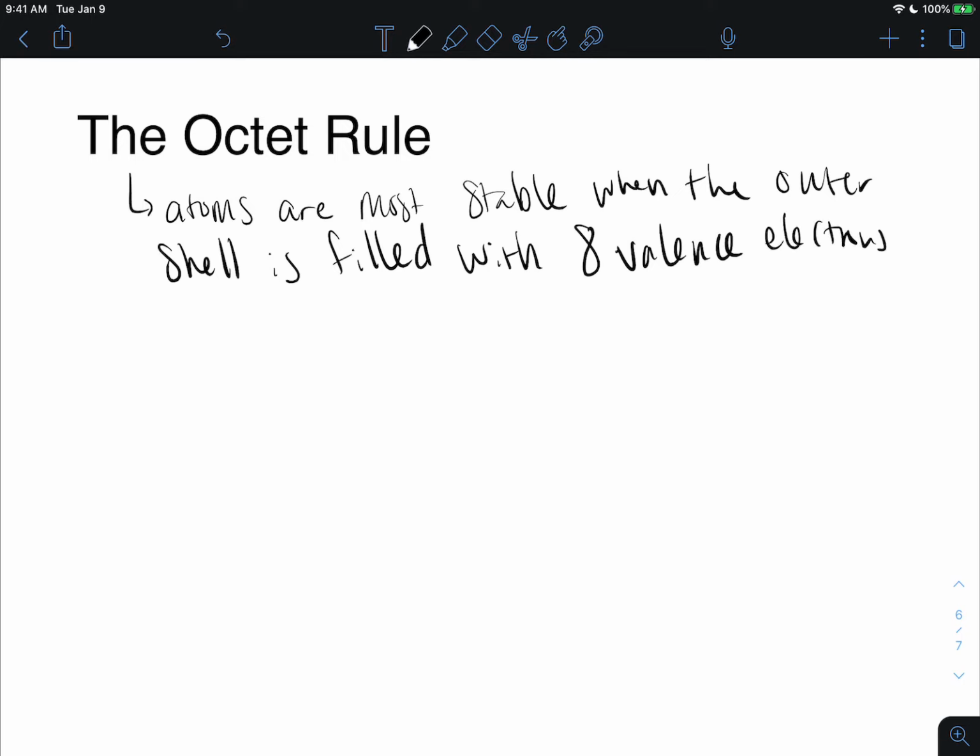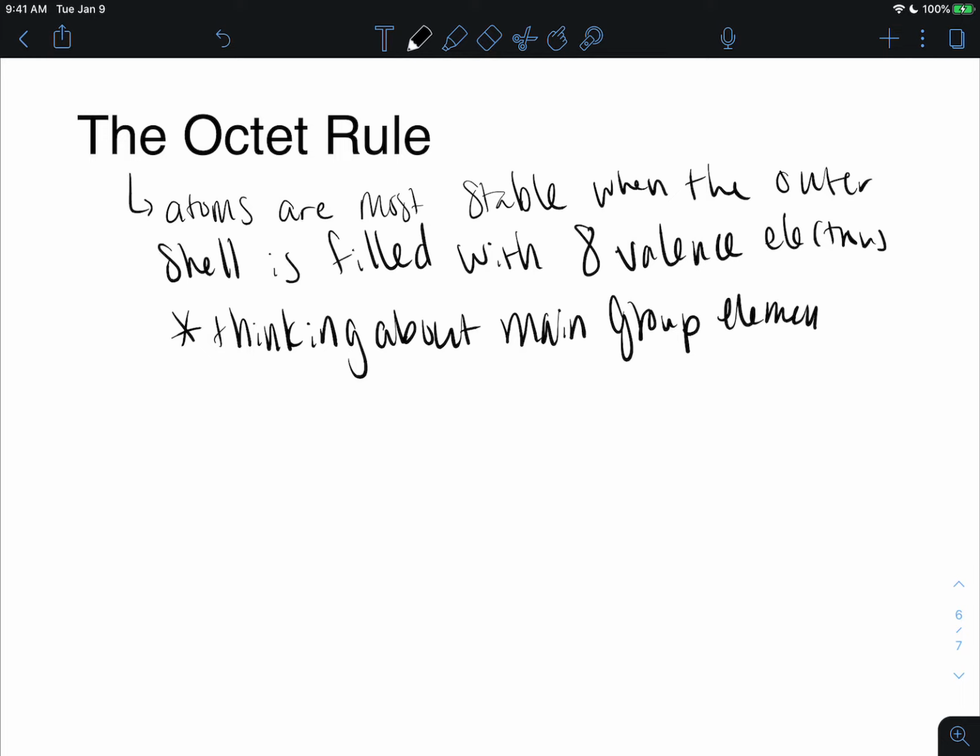And generally when we're talking about this, the things that obey what we call our octet rule, we're thinking about things that are main group elements. So our groups 1, 2, 13, 14, 15, 16, 17, and 18.